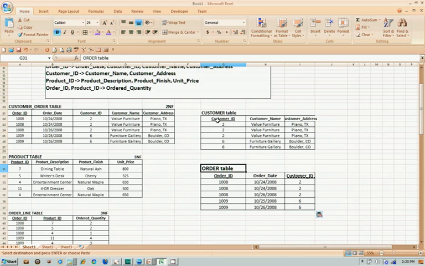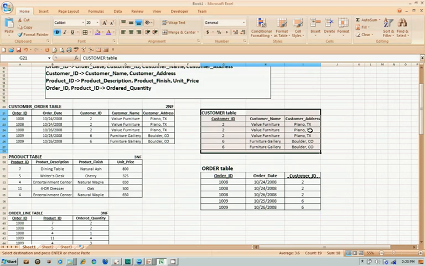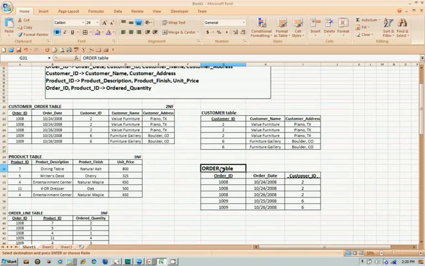The determinant customer ID becomes the primary key of this relation and the attributes customer name and customer address are moved to the relation. Customer order is renamed order and the attribute customer ID remains as foreign key in that relation. This allows us to associate an order with the customer who submitted the order.